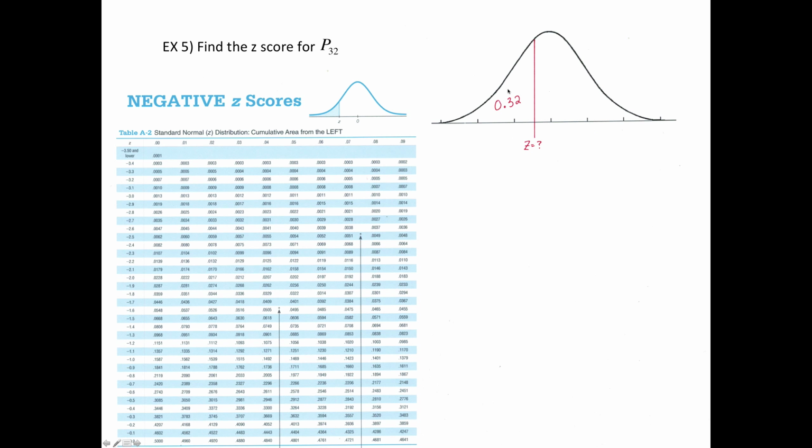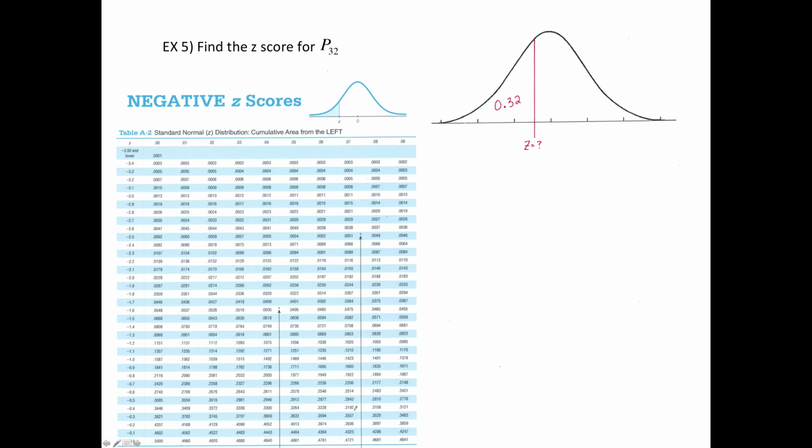Because this is below 50%, I know this is on the left side of the graph, and if it's on the left side, that's negative, because we have 0 in the middle, negatives on the left, positives on the right. Then just search and find what's closest to 0.32. There's 0.33.